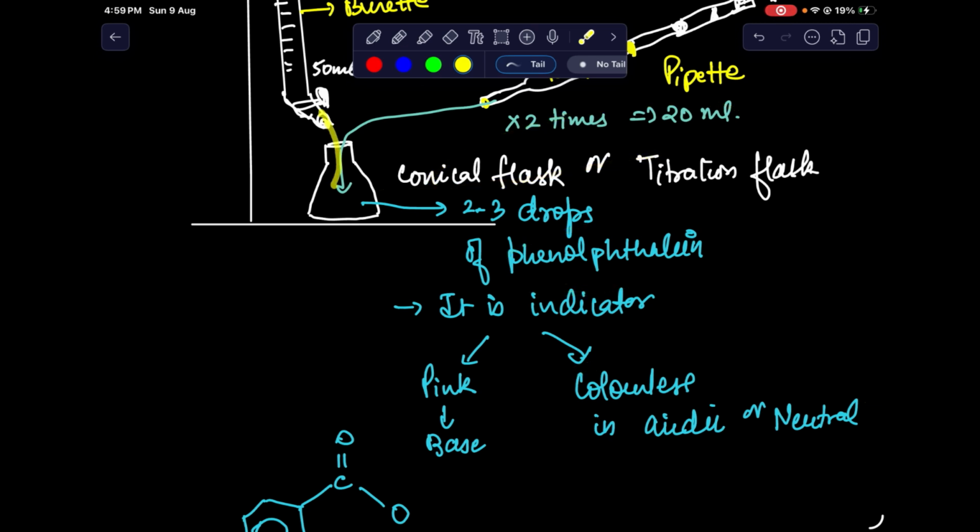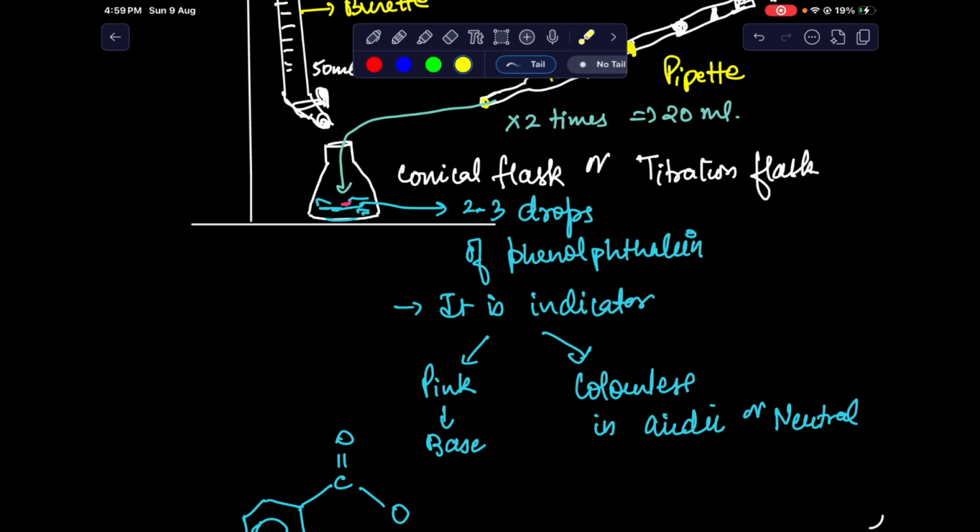If you keep adding NaOH from the burette, you will immediately observe a tinge of pink in the middle. If you shake it, you will see that the pink color has disappeared, which means the solution is still acidic. So if you keep on adding NaOH, you will get a point where it is slightly pink, because we are looking for the neutral point.